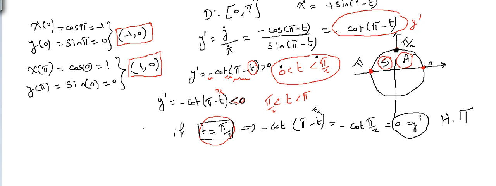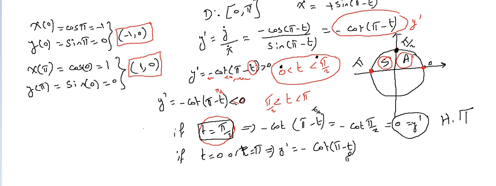Now, if, let's say, t equals 0 or t equal pi, this means the derivative, which is minus cotangent pi minus t. If I put t equals 0, it will be cotangent pi, and if I put t equals pi, it will be cotangent 0. What happens for the sine at 0 and pi?